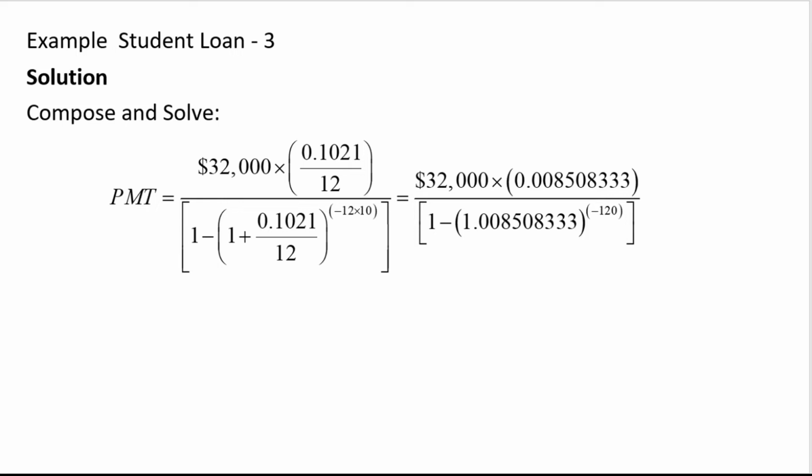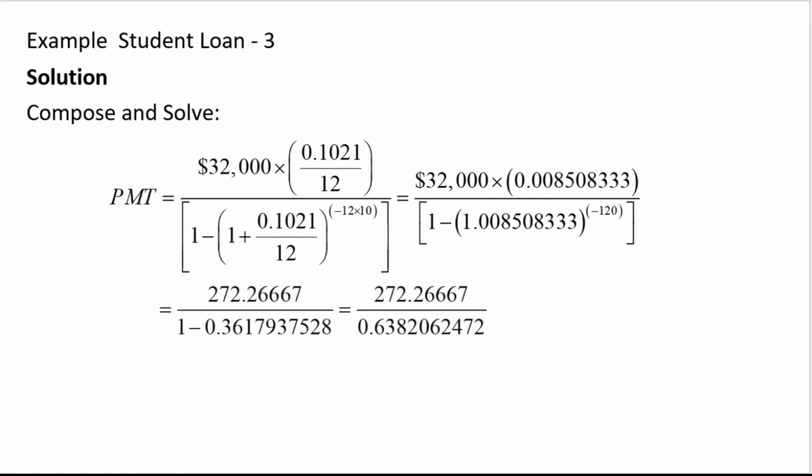Proceed. That's equal to, and then the payment times the computation of APR over N is 272.26667 divided by, and in the denominator, 1 minus, and in your calculator compute 1.0085083333 raised to the power of negative 120, which is 0.3617937528.